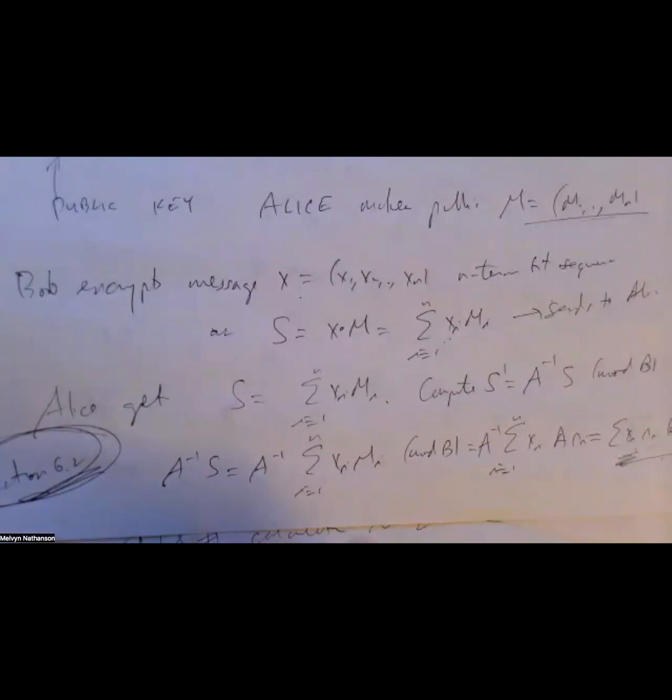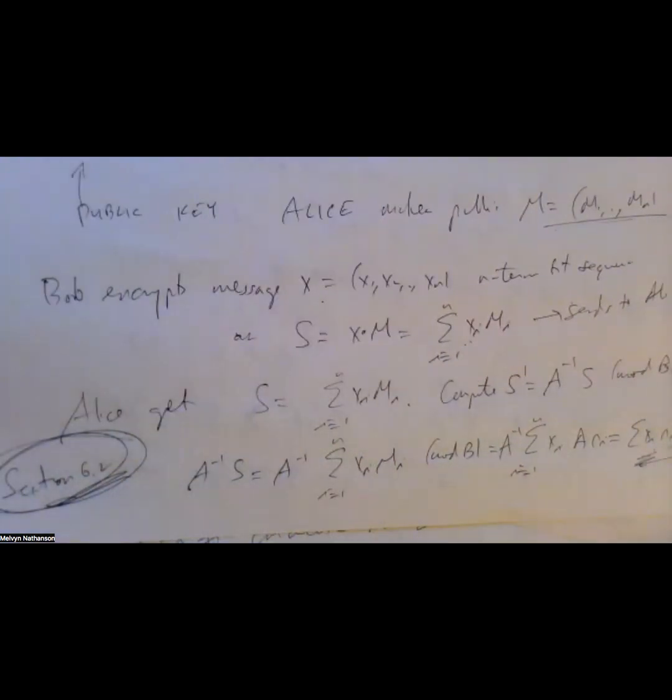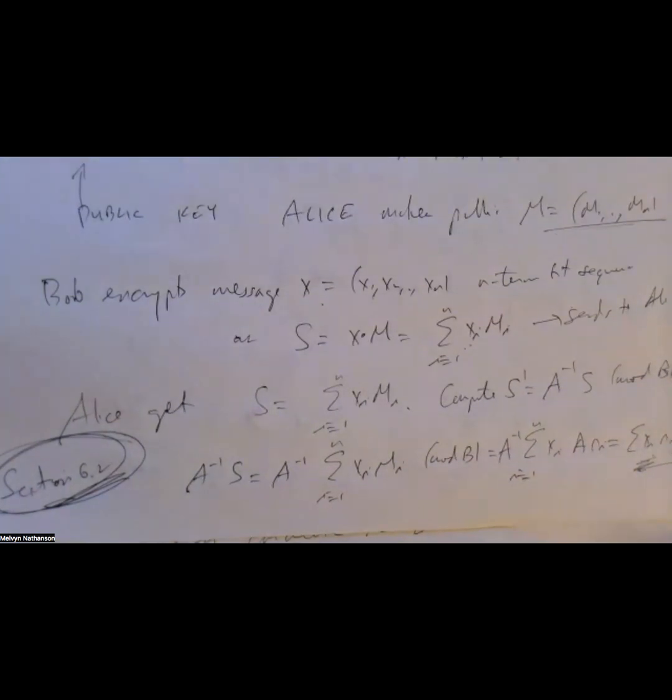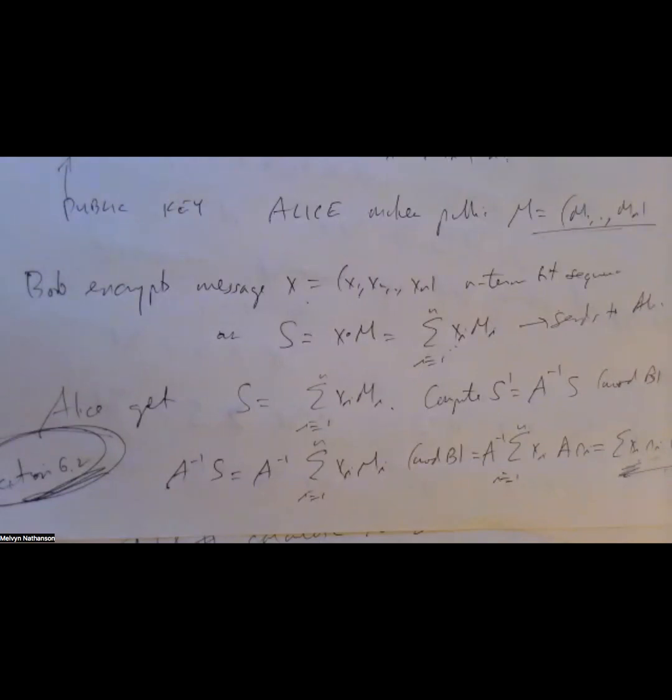Professor, in the syllabus, there is no chapter 6. It says sections 5.1 to 5.4, not 6. Correct. So I'm changing it because chapter 5 is much, much more complicated, and there's no way that I can go over that material in the short amount of time that we have.